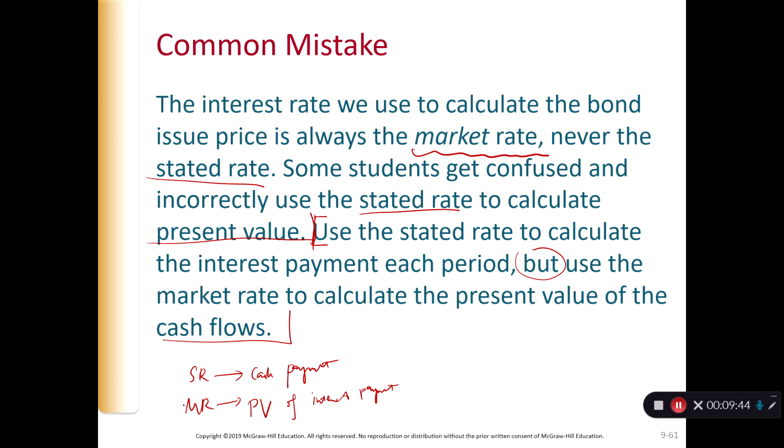Okay, that's the key. The stated rate is used to calculate the 3,500, and the market rate is used to calculate the present value of all interest payments.